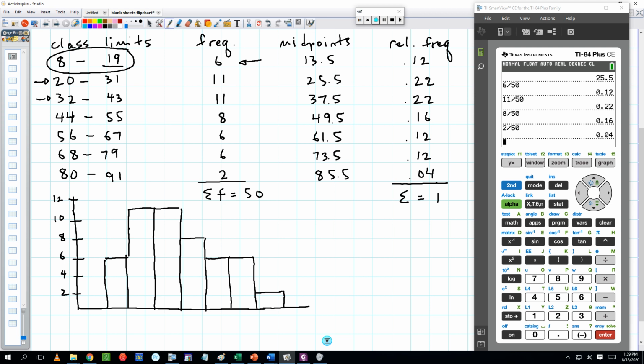All right, finishing touches. You must put on top of each bar the frequency. You must put a dash in the middle of each bar on this lower axis, and you put the midpoint.